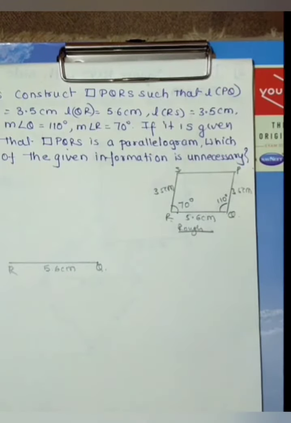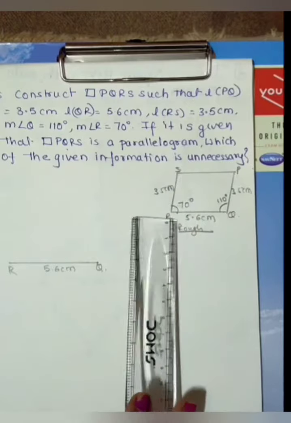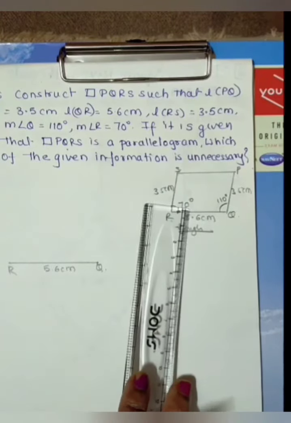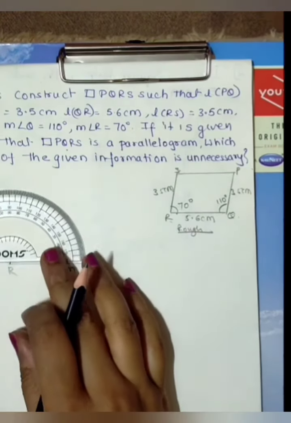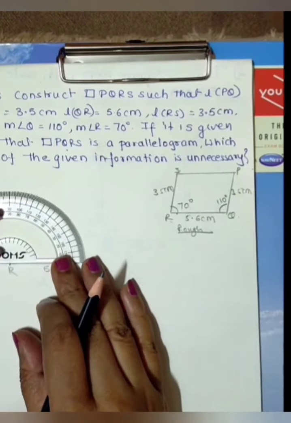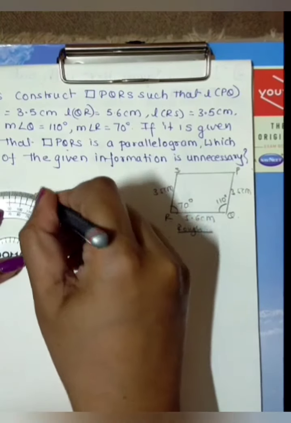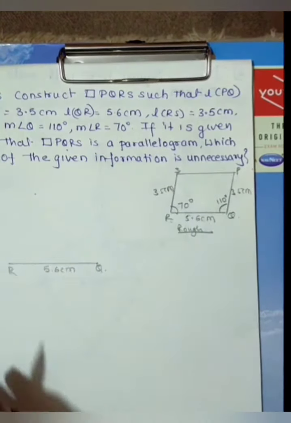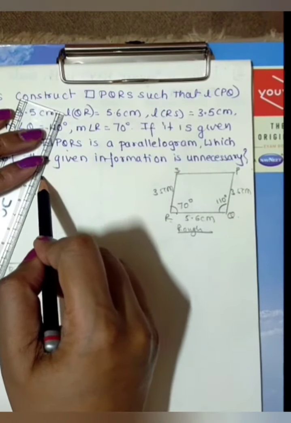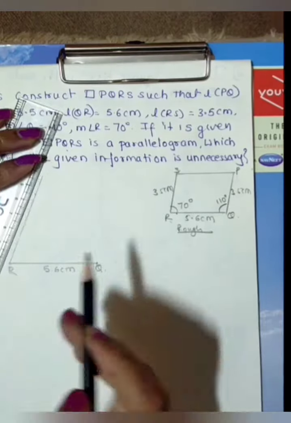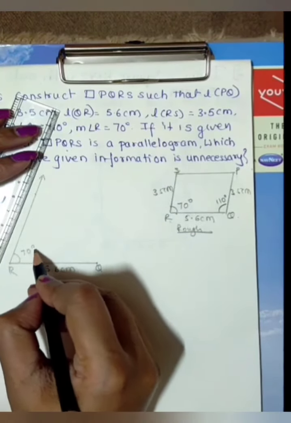Now what is given here? Measure angle SRQ is given as 70 degree. I will draw the 70 degree angle first with the help of this protractor. So here it is 70 degree. Now we are going to join this. This is our 70 degree angle.